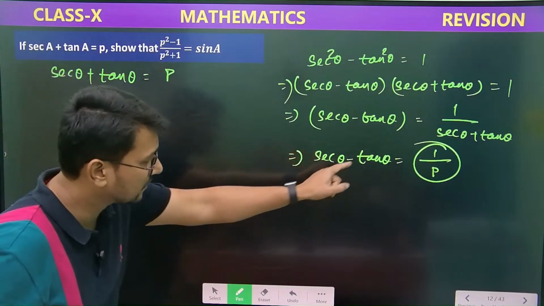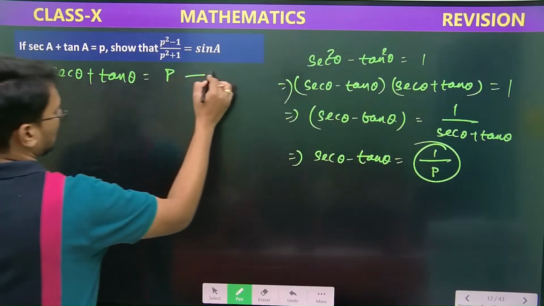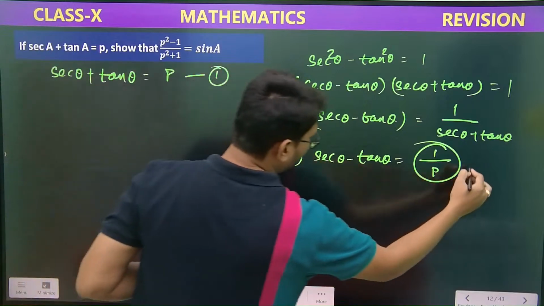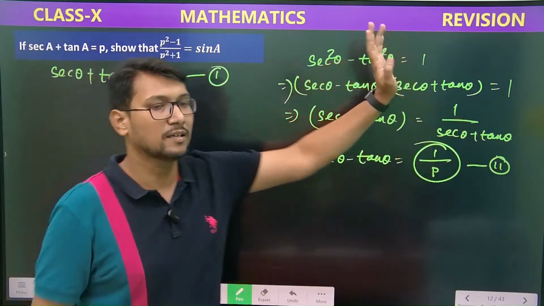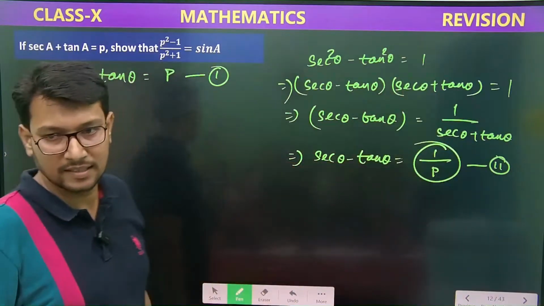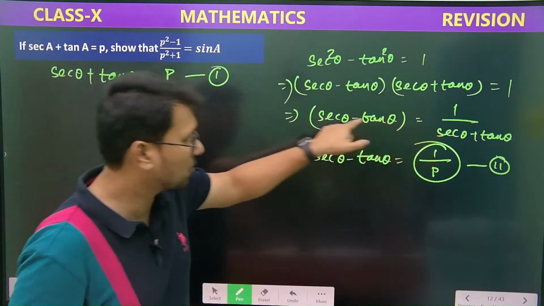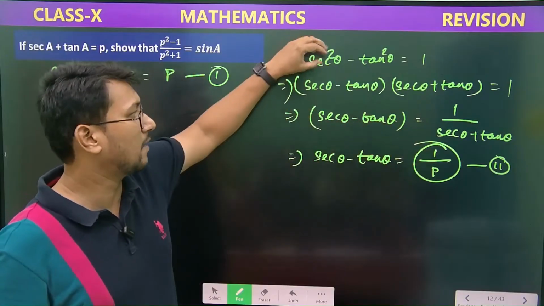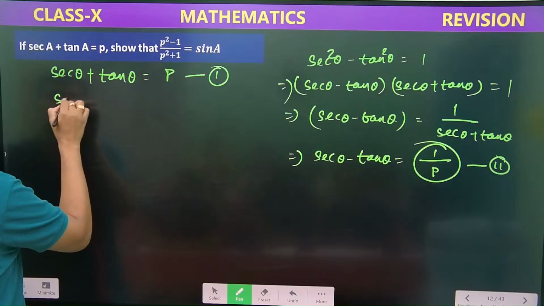But we have got sec theta minus tan theta, how much? 1 by P. Let us add these two equations. This is equation number 1. Equation 2 we have got by simplifying this identity. Okay, and already I have shown these two are reciprocal to each other. That's why I have chosen this. Okay? So now let us add equation 1 and 2.